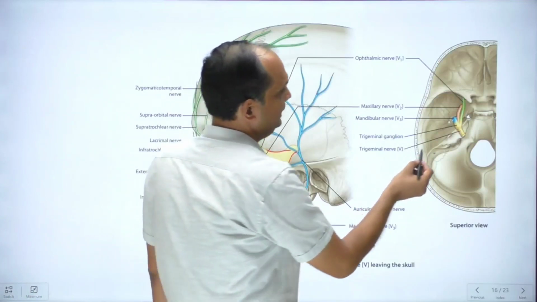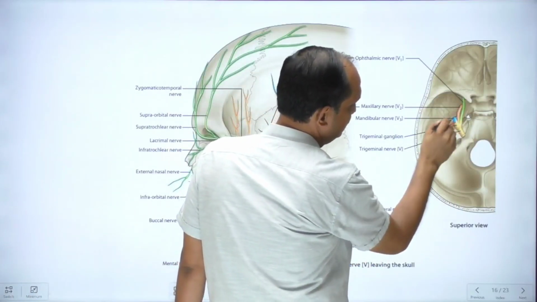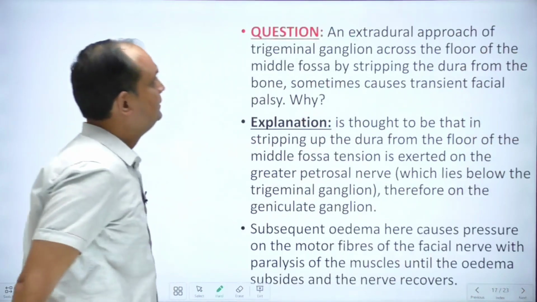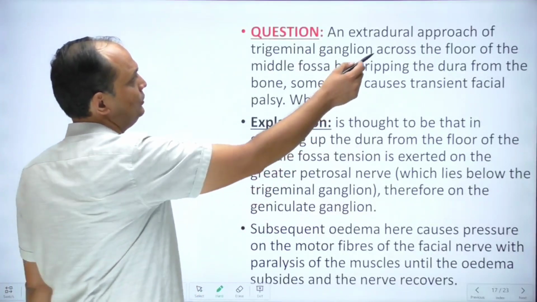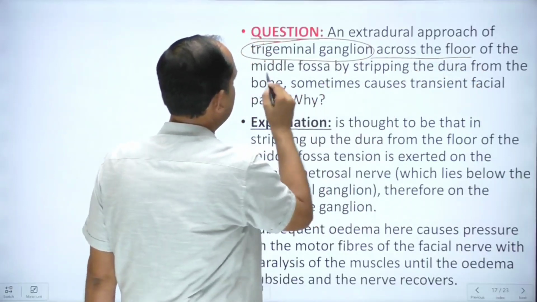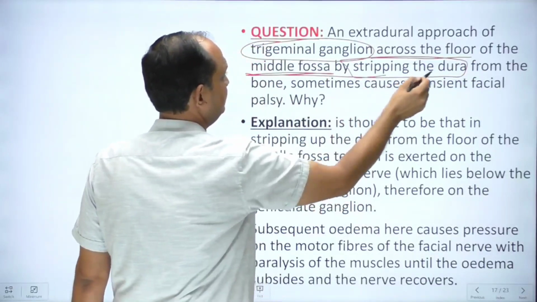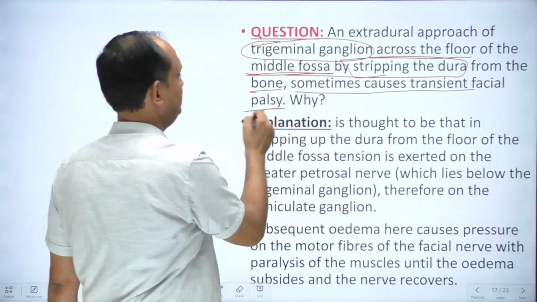Now where you will find the hiatus is here. So this nerve will go deep to this ganglia. So the question is that an extradural approach of trigeminal ganglia across the floor of middle fossa by stripping of dura mater from the bone sometimes causes transient facial palsy.